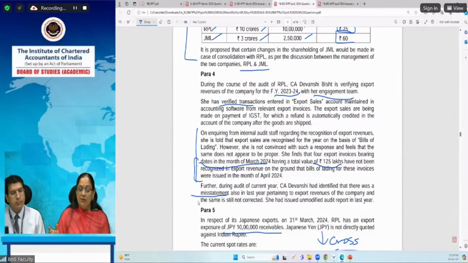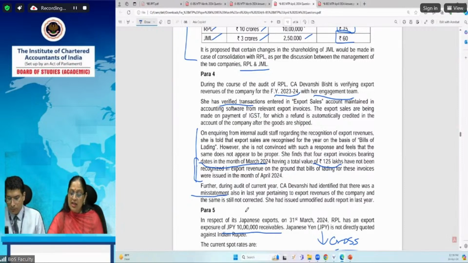And when we analyze the situation with SA 710, we need to see whether that misstatement was corrected in the current year or not. So we need to interlink it with the corresponding figure as well, right? For the current period financial statement and corresponding figure as well.